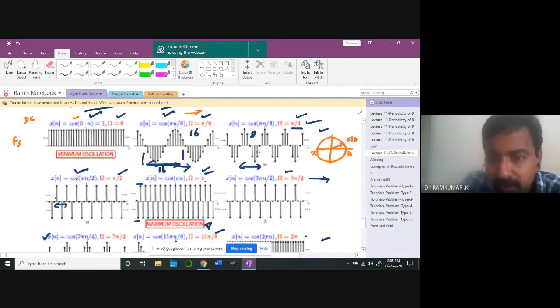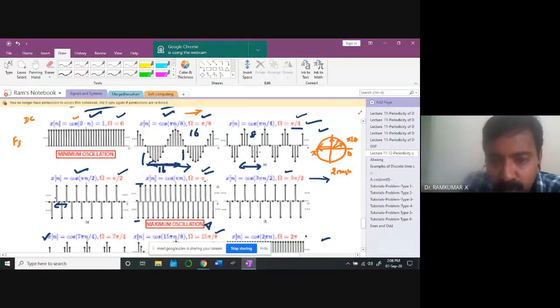Pi by 8 times when you are sampling, you get around 16 samples per full revolution. But when you are moving with pi by 4, then pi by 2, then pi, when you reach pi, almost you are getting only 2 samples per cycle. You are sampling at this point, 2 samples per cycle.